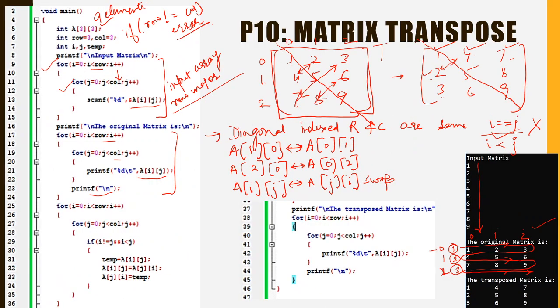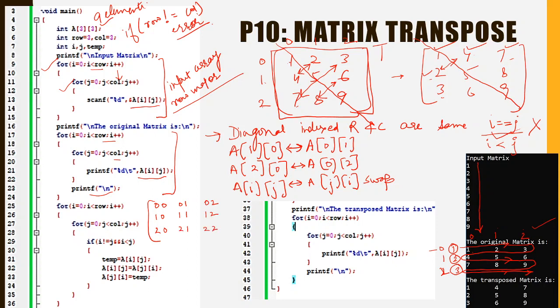If I write them in the form of indexes, you will see it more easily. I will write it like this: A00, A01, A02. This is 10, this is 20. This is 11, this is 21. This is 12, and this is 22.